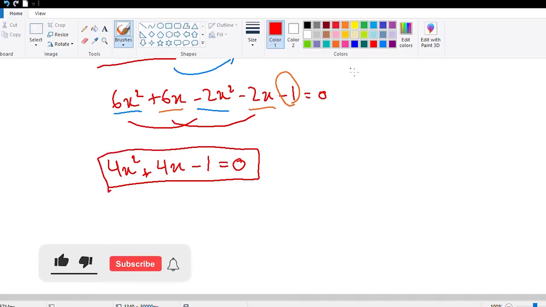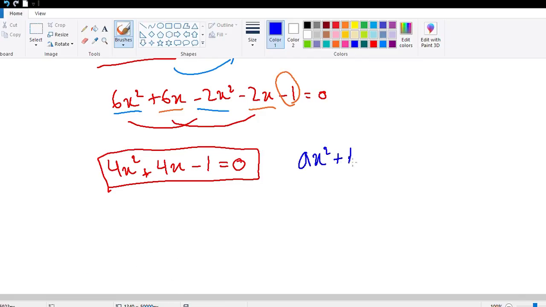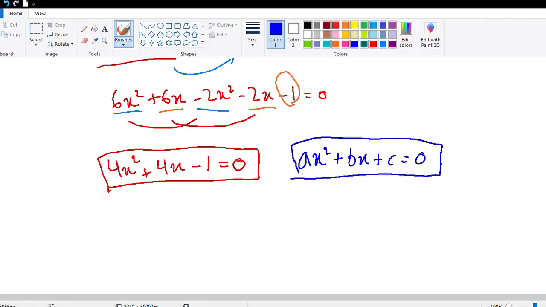And let's write again the standard form of a quadratic equation, which is ax squared plus bx plus c equal to 0. So this is what we said it would look like. Let's write the question again: x over x plus 1 plus x plus 1 over x equal to 6.